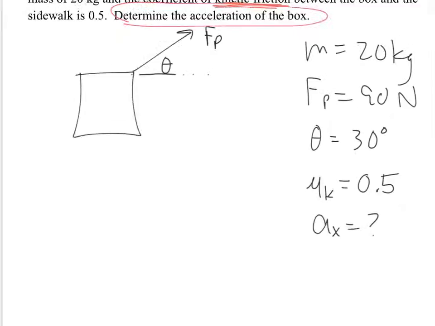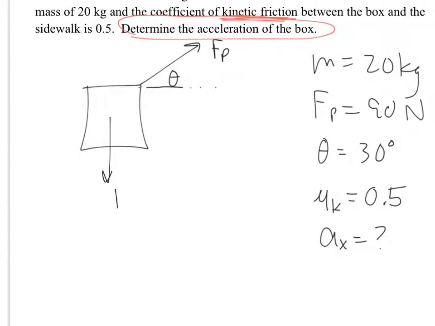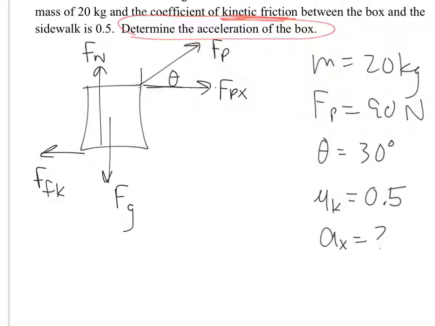I should draw my diagram, right? Now FP, what could I do? Instead of writing FP there, I could erase FP and draw in FPX and FPY. I'm going to just cross this off now.